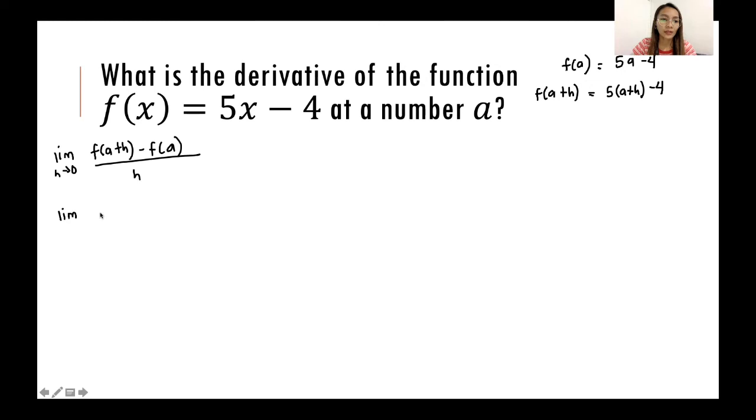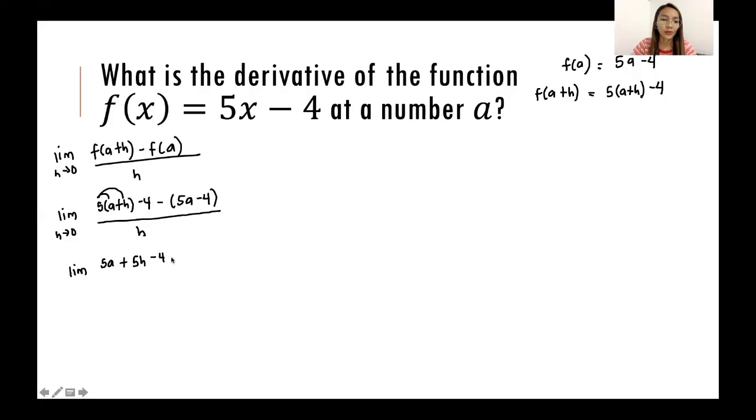We have the limit of 5 times a plus h minus 4 minus 5 times a minus 4, or 5a minus 4, over h as h approaches 0. Using distributive property, pwede natin siya i-simplify. So the limit of, this one is 5a and this one is 5h. 5a plus 5h minus 4.